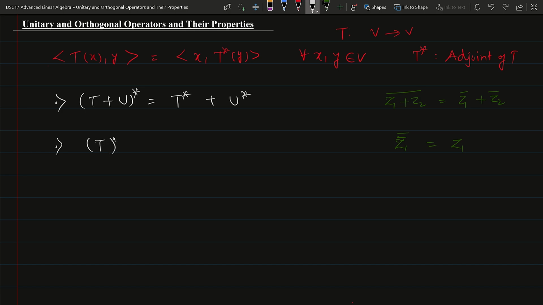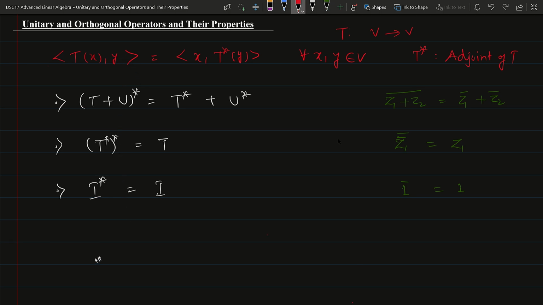So if we choose (T*)*, then this will be equal to T. Then we have another important thing: if we talk about the adjoint of the identity, it will be the identity again, and the same thing is true if we talk about the conjugate of one, this will be one. So you can see the role which is being played by the complex conjugate in the complex number system, the same role is being played by the adjoint in the discussion of inner product spaces.